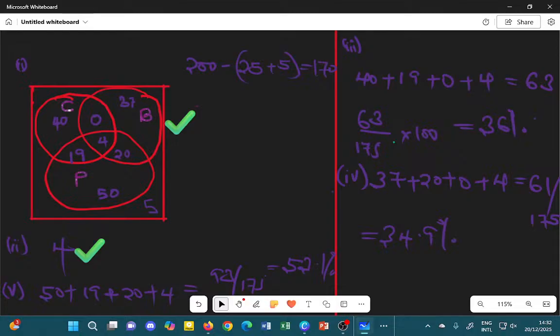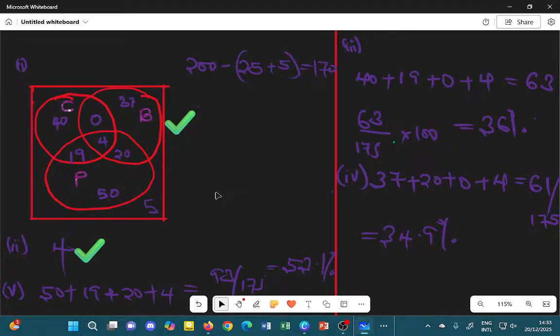Then the last part asks us to get the attributes to be incorporated in the product. Here we bear in mind that the company's policy is to incorporate an attribute if at least 50% liked it. Those who liked color were 36%, those who liked brand name, 34.9%, and those who like packaging are 53.1%.